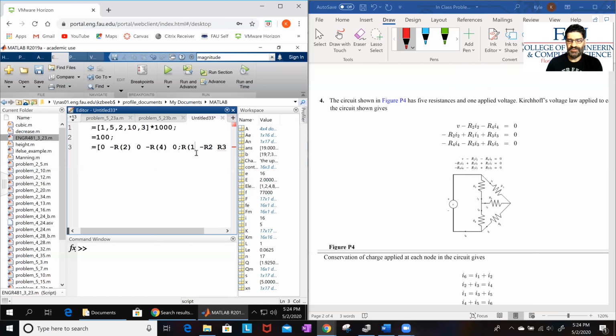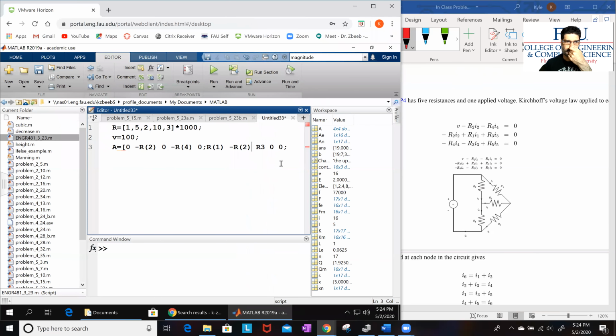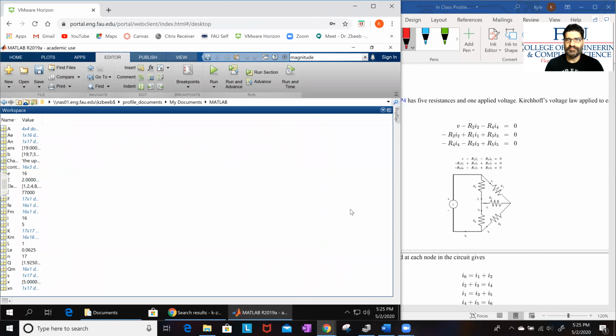Every single time you call any element in this array, you use parentheses.